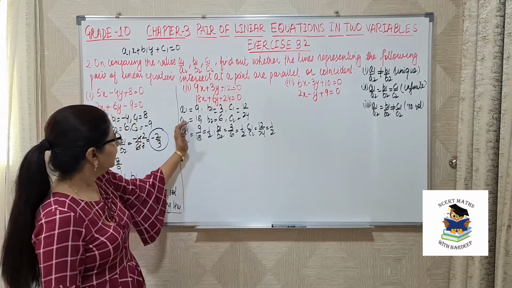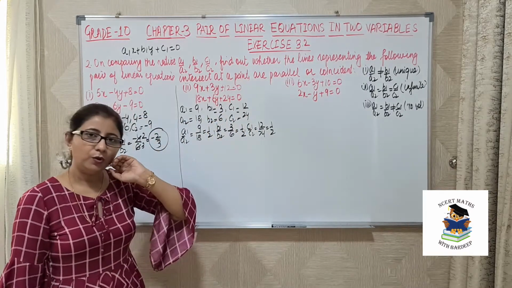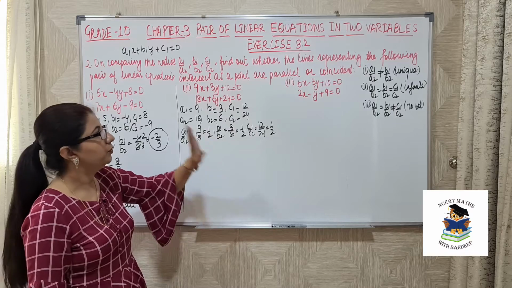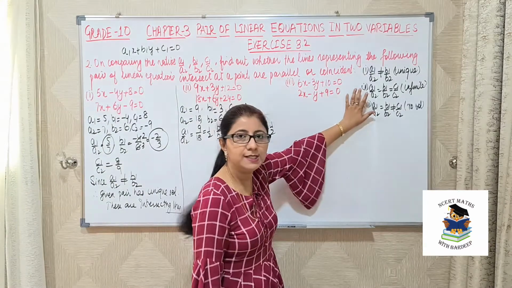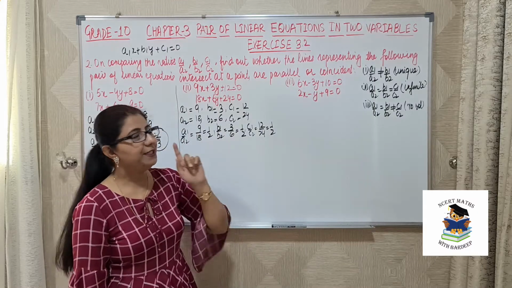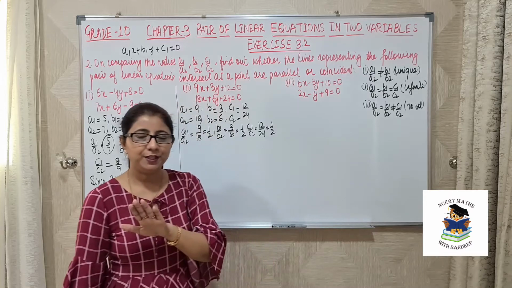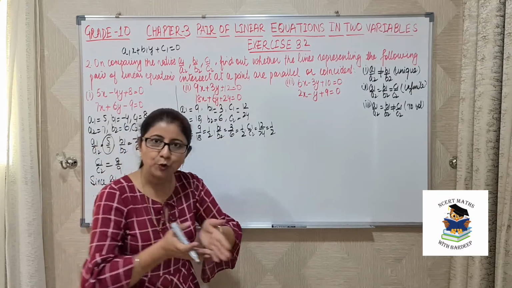Here we can see a1 by a2, b1 by b2 and c1 by c2 all are equal to 1 by 2. So what is our condition now? The second one, when all the ratios are equal. All the ratios equal means infinite solutions. Infinite solutions are only for those lines which are coincident.